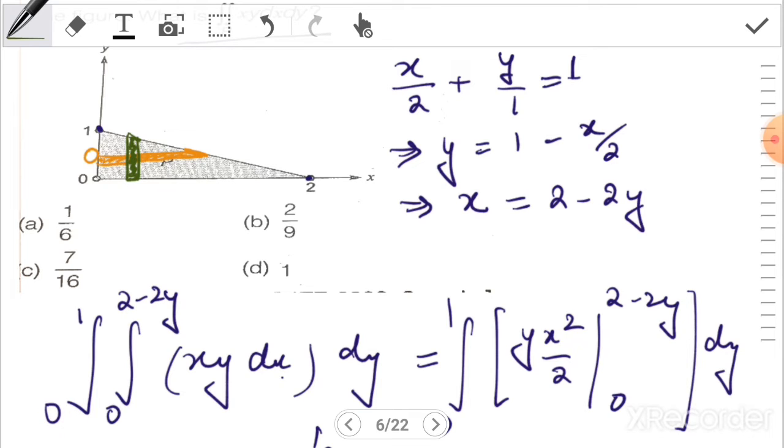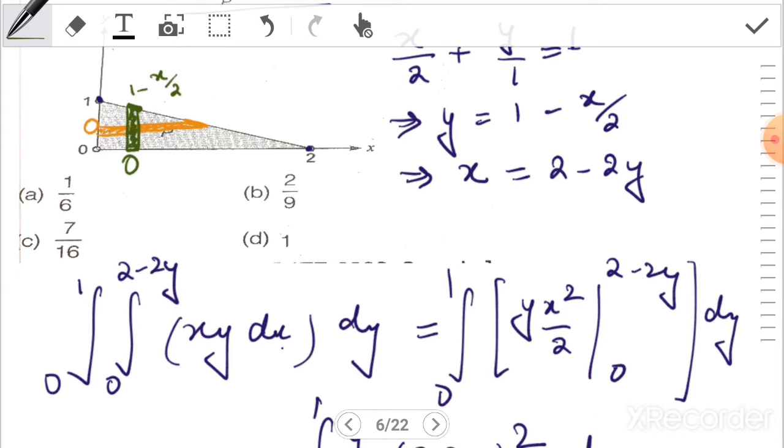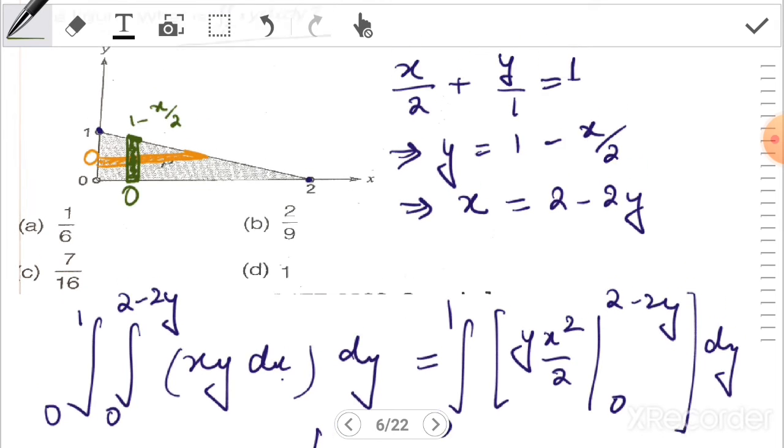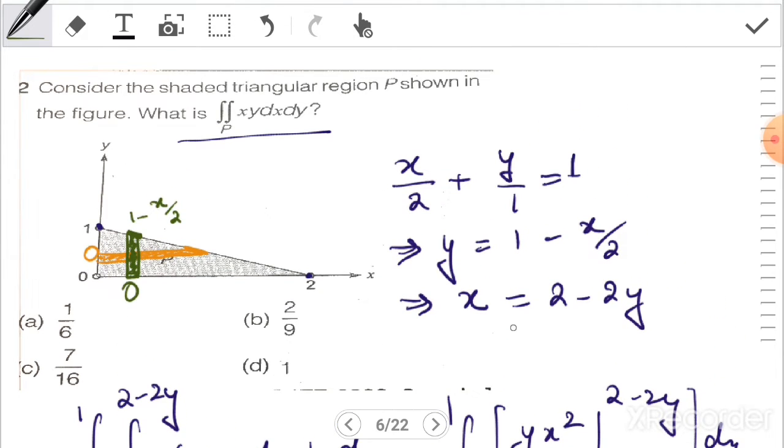In the vertical strip, x is a constant and y is varying from 0 to, so one end point lies on this straight line, which is 1 minus x by 2, and x is varying from 0 to 2.